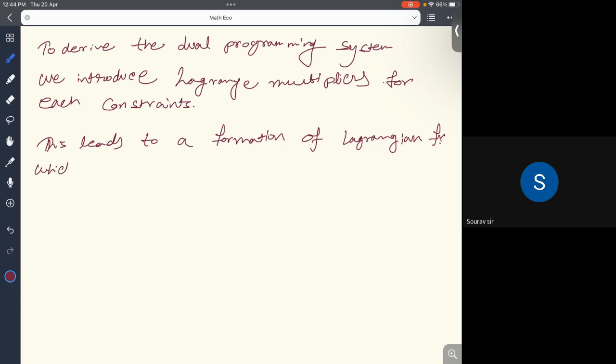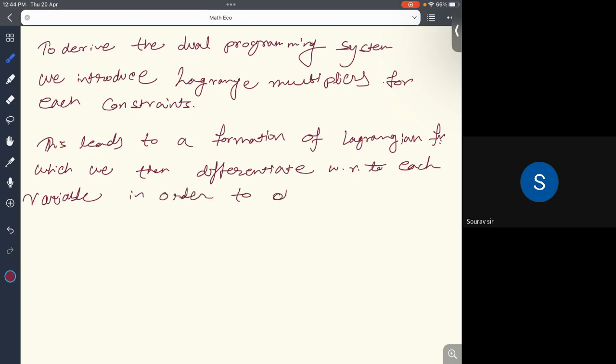which we then differentiate with respect to each variable in order to obtain the Kuhn-Tucker conditions.